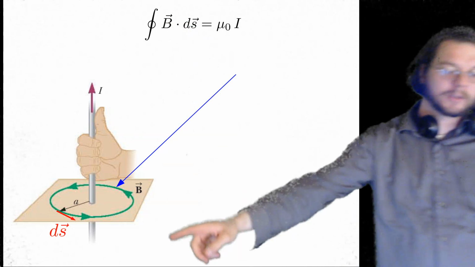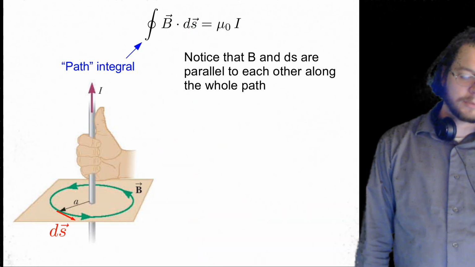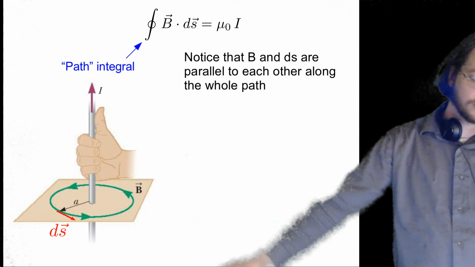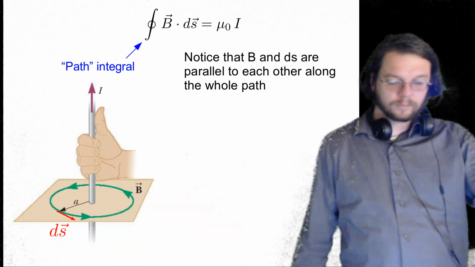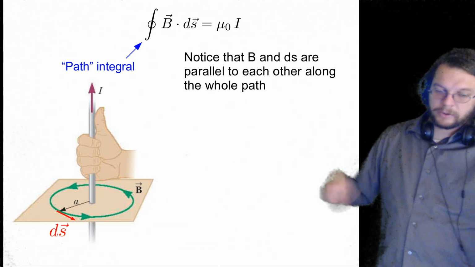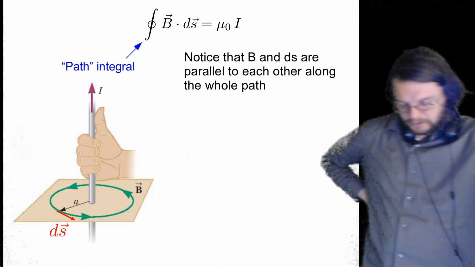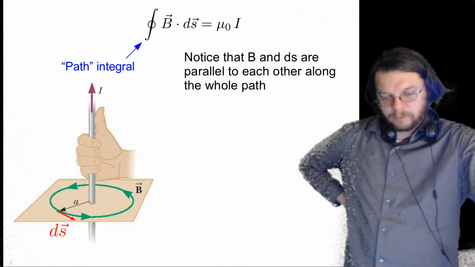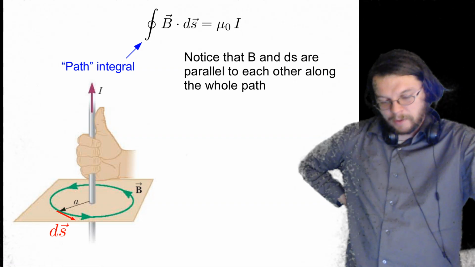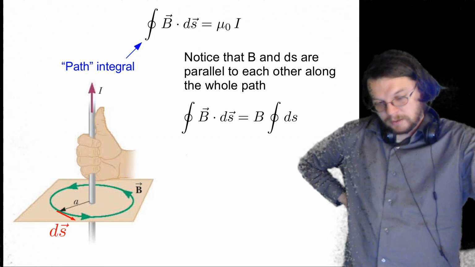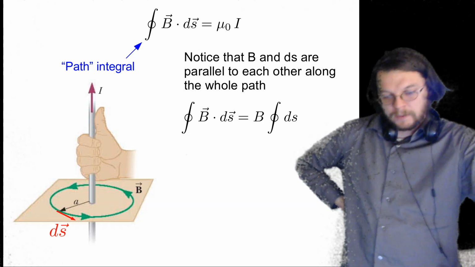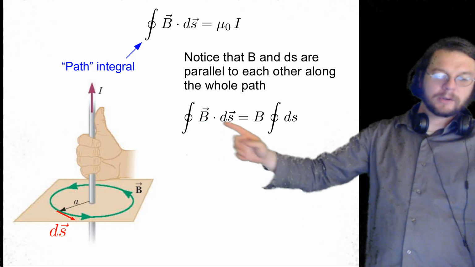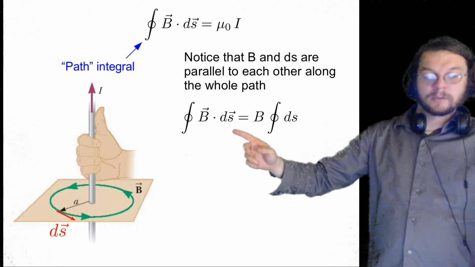Well, the magnetic field on this path is in the same direction as the ds as we're going around the path. And so if they're parallel, the dot product, which has a cosine theta, well, theta is 0, so the cosine is equal to 1.